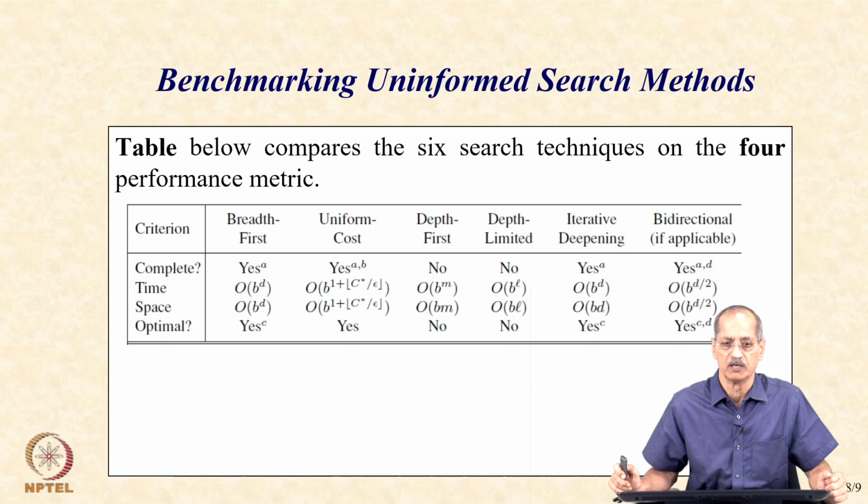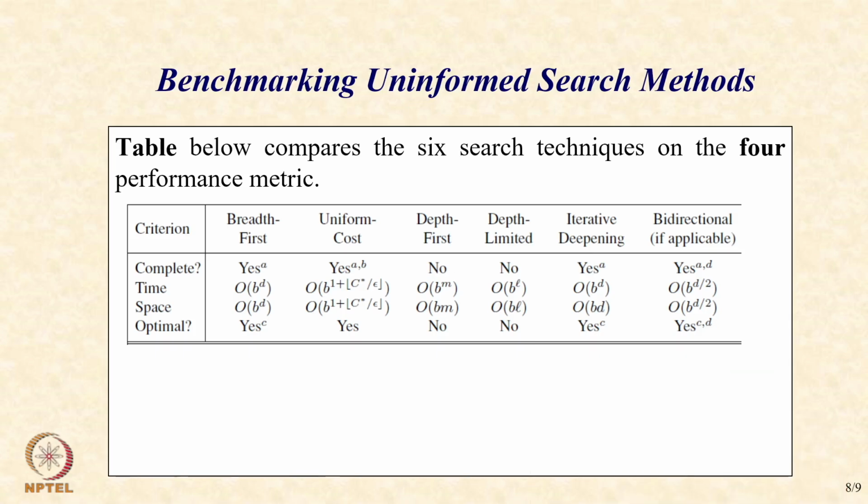It is also not optimal, and the time it takes is b to the power m as well as the space, which is b into m. Now, depth limited also is not complete and not optimal. Iterative deepening, because it is combining breadth first and depth first, becomes complete as well as optimal, and of course, it is a better way of doing it.